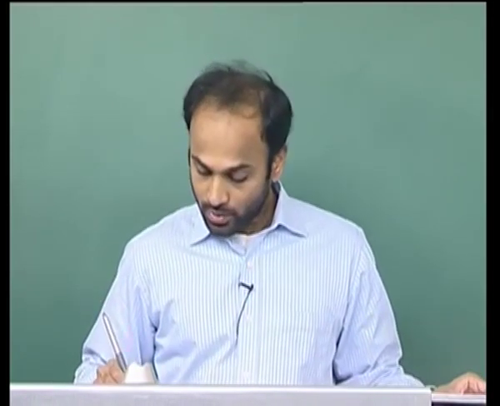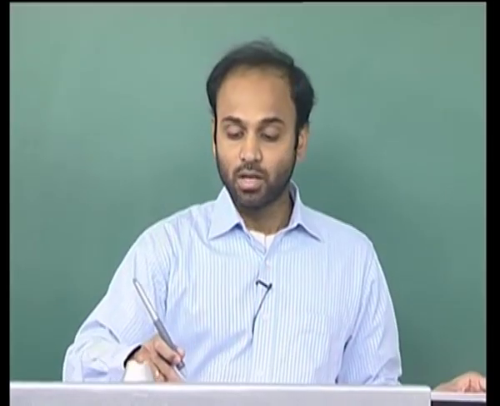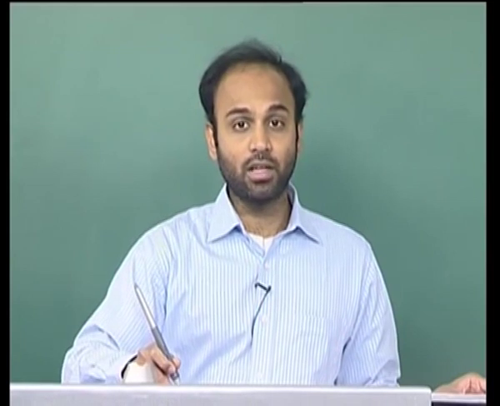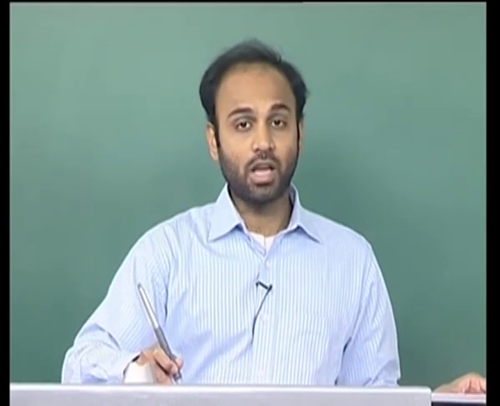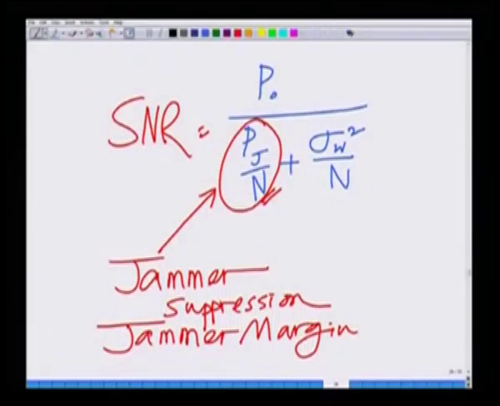This is also known as the processing gain of a CDMA system. The other thing we said in the last lecture is that we started with what are the advantages of CDMA compared to other multiple access schemes. We said that CDMA is very robust to jamming, because if there is a jammer who is trying to jam your communication system with power Pj, that is the huge power of the jammer, then in CDMA that power of the jammer is suppressed by a factor of n.